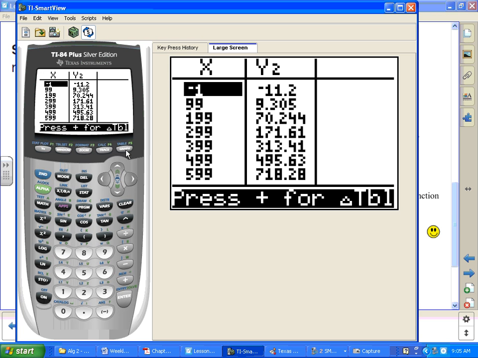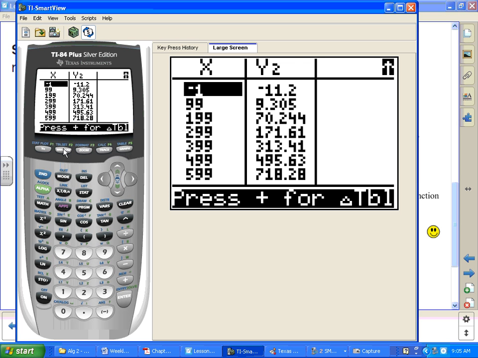In our table, if I wanted to make, what did I say, $200, between 300 and 400 would give me the $400.